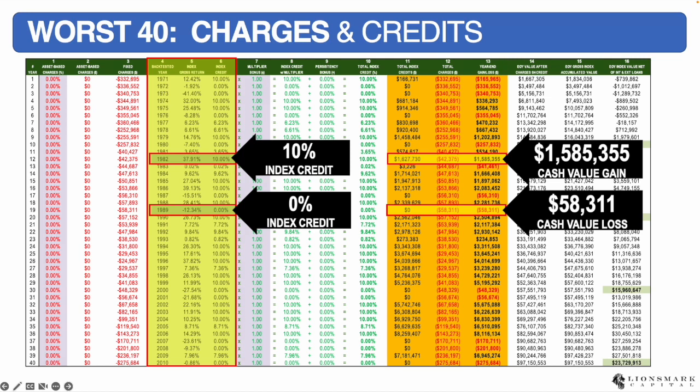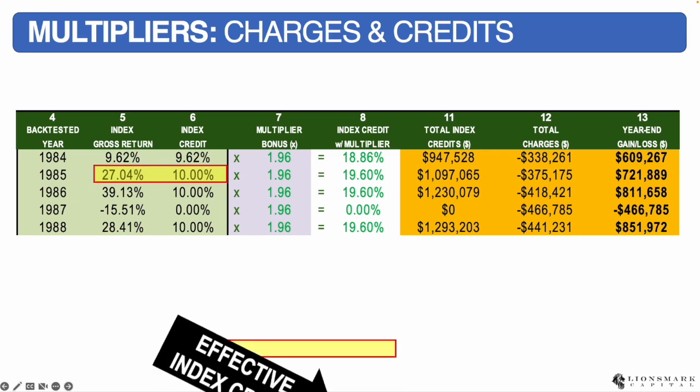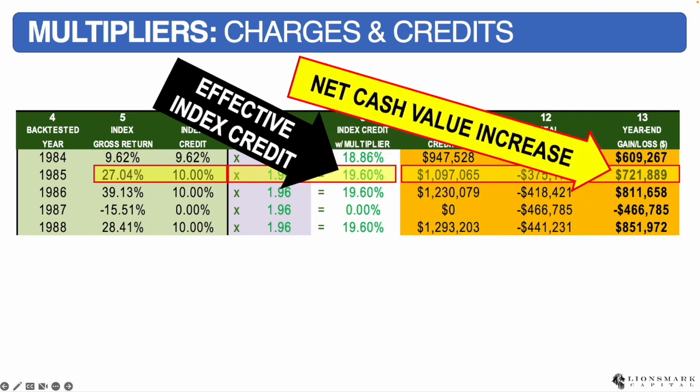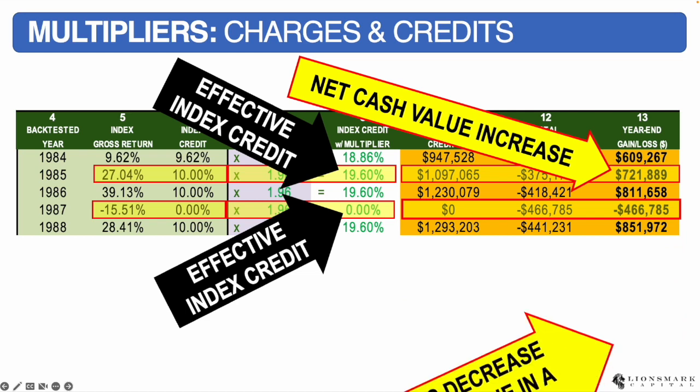If we're using a product with, say, a multiplier bonus, in addition to the cap, you would take that 10% return multiplied by 1.96, that is the multiplier bonus, and so the effective index credit in that year would have been 19.6%, and the cash value gain in that year would have been $721,000. However, in a year where you had a negative return and you would have gotten a zero, well, 0 times 1.96 is still 0. They would have, however, incurred the multiplier bonus costs, which are pretty expensive. So in that year, the cash value would have decreased by $466,000.